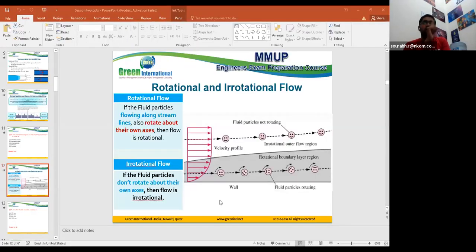And if the direction of the particle's rotation is opposite the direction of the flow, that will be irrotational flow. Why?